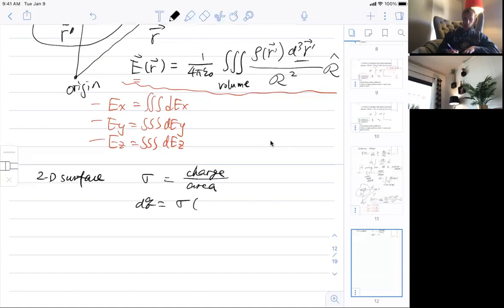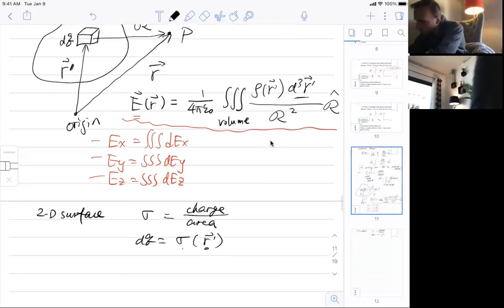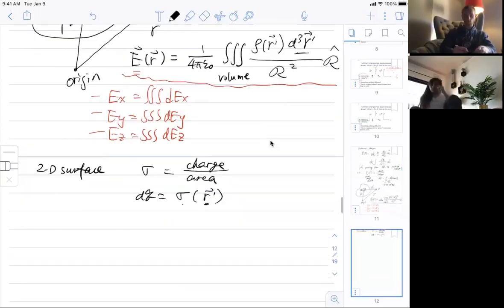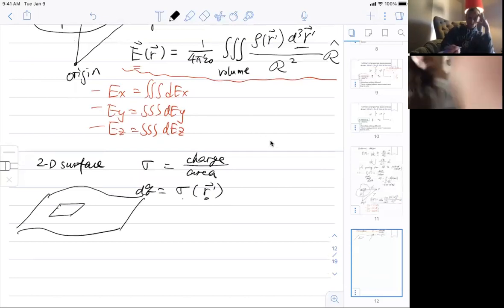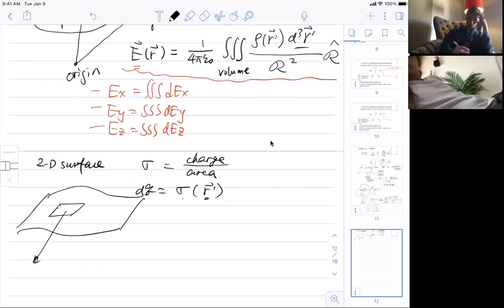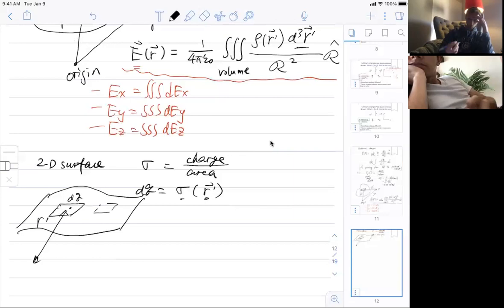Now sigma can also vary depending on where you are, so it can be a function of r prime. Your charge here might be different from a surface somewhere else, right? So each density can be a function of r prime.